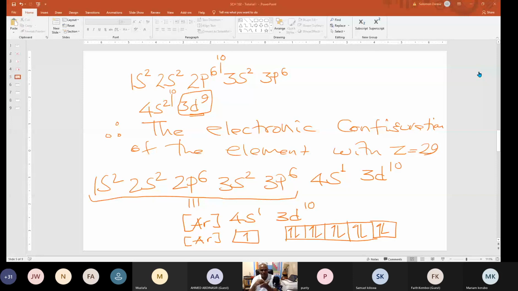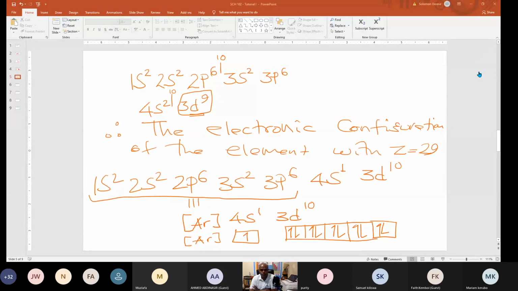For example, if you have 2 electrons, you cannot put those 2 electrons on the 3d as 3d2 and leave the 4s empty, okay? Those 2 electrons must go to the 4s2. It is only after the 4s2 is filled that you go to fill the 3d10, okay?